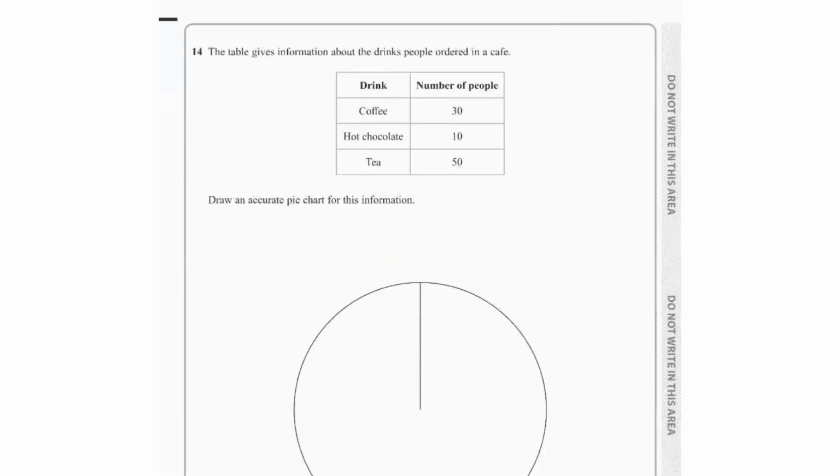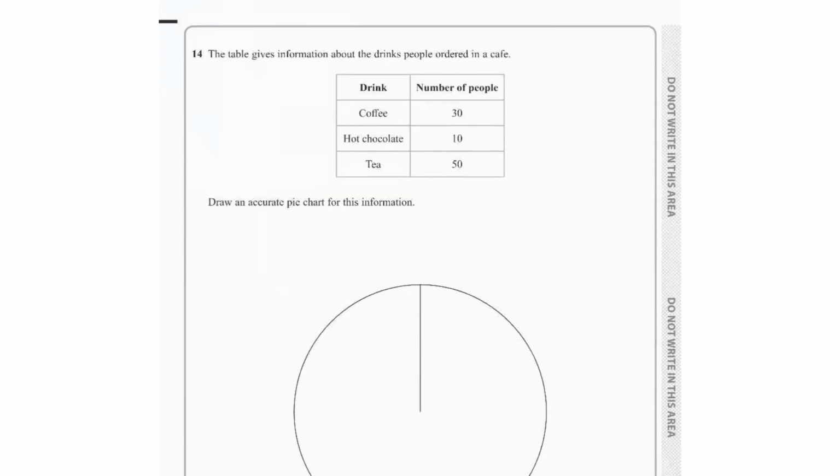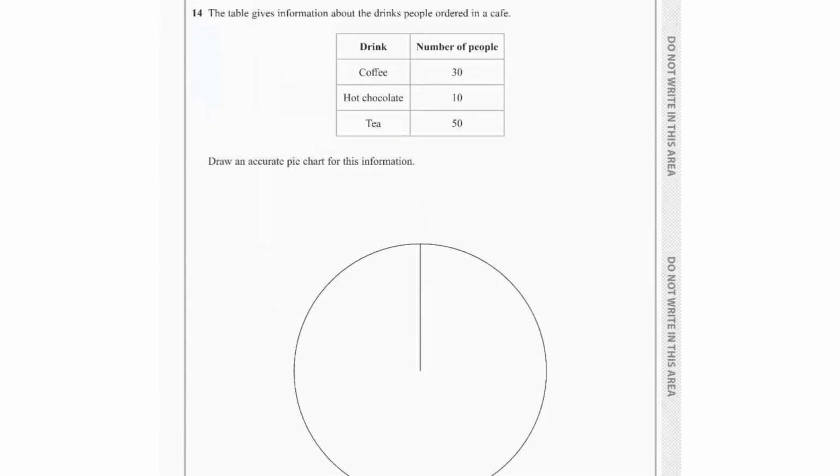Question 14 says, the table gives information about the drinks people ordered in a cafe. Draw an accurate pie chart for this information. So for this, first we need to find the individual angles for coffee, hot chocolate, and tea. So for coffee, it's going to be 30 over the total number of people, which is the sum of these, 30 plus 10 plus 50, which is basically 90. 30 over 90 times 360.